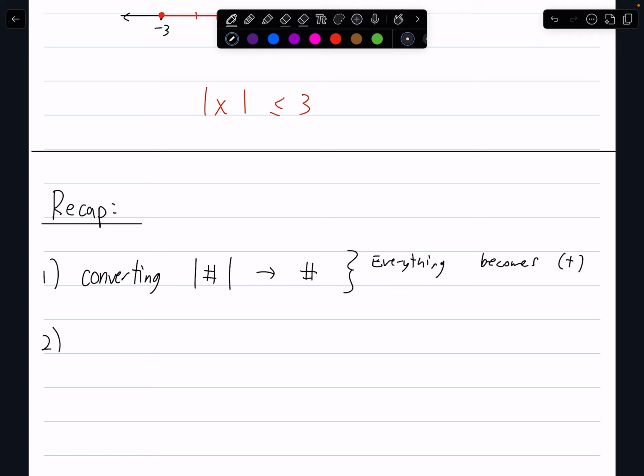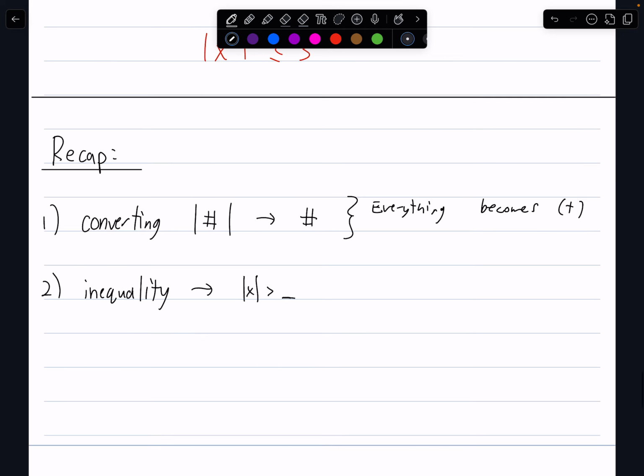The second thing is they give you the inequality and they want you to give me the absolute value inequality. The third thing is they give you the absolute value inequality and they want you to put it in a number line.